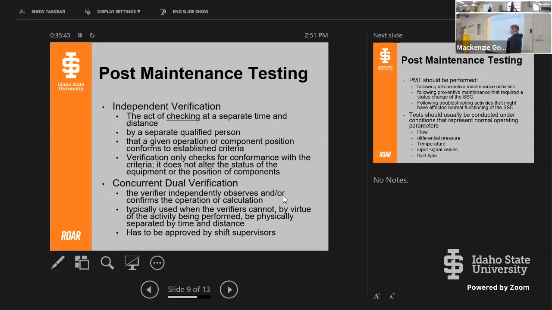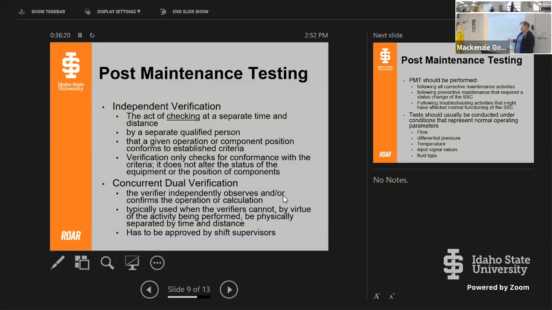You do still have a responsibility to check what the other person is doing, even though you're not doing it at a separate time and distance, okay? And typically, if you're using this concurrent dual verification, it has to have been approved by someone in management, shift supervisor, maybe a maintenance lead, that says, yes, it's okay that they're there at the same time and there's no distance between these operations. We're still going to have a good concurrent dual verification.